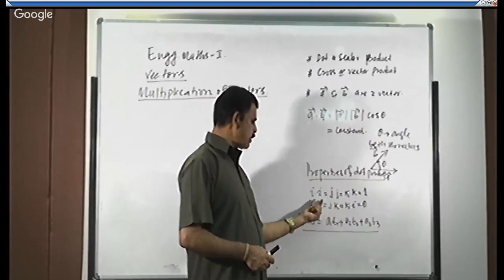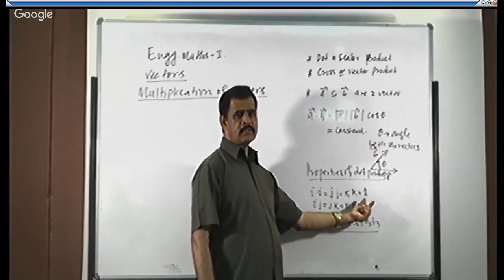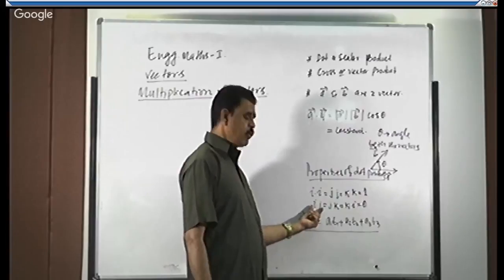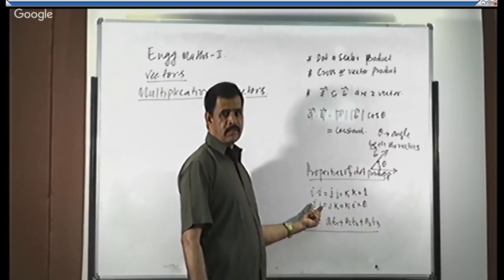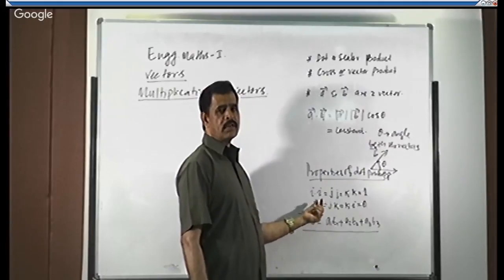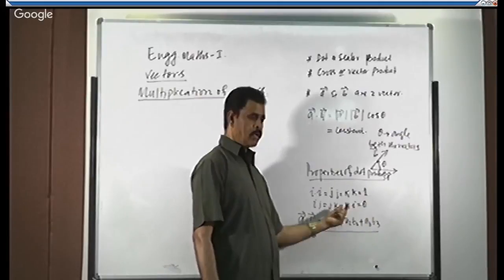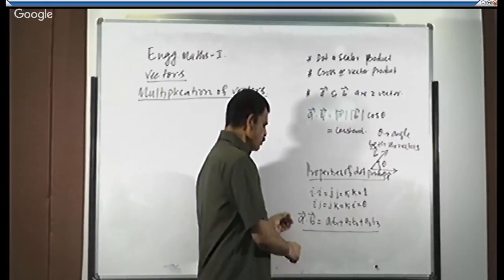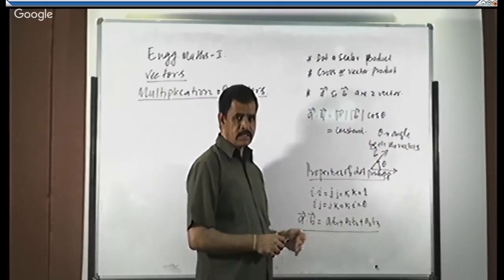That is, i dot i is equal to j dot j is equal to k dot k is always 1. If I take the unit vectors along perpendicular axes, if I take i dot j, j dot k, k dot i, you always get 0. i dot j is equal to j dot k is equal to k dot i is always 0.